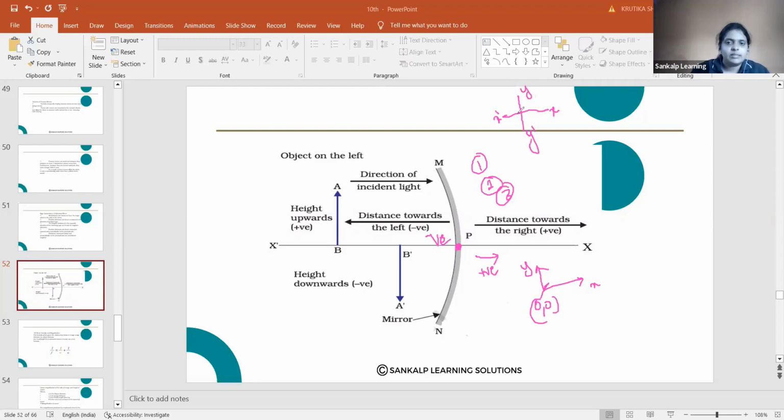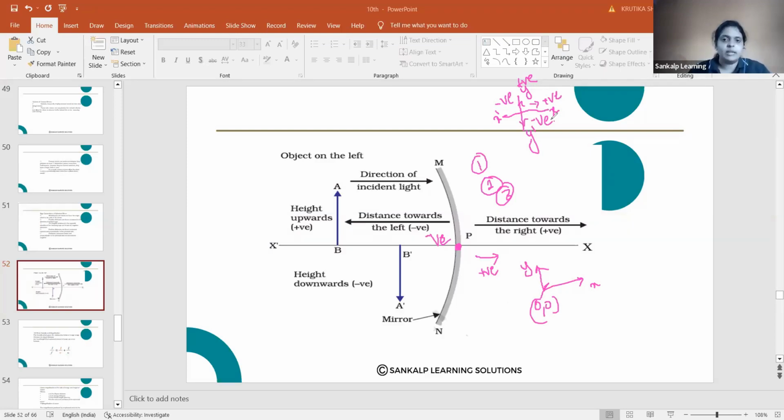The measurements on the right side are positive, and the left side measurements are taken as negative. The above measurements are taken as positive and the below measurements are taken as negative. Okay, so this is regarding the sign conventions.